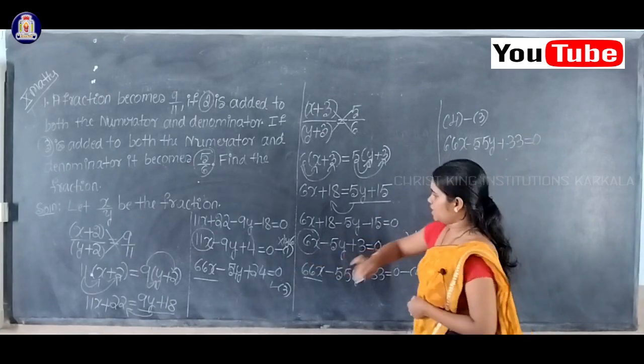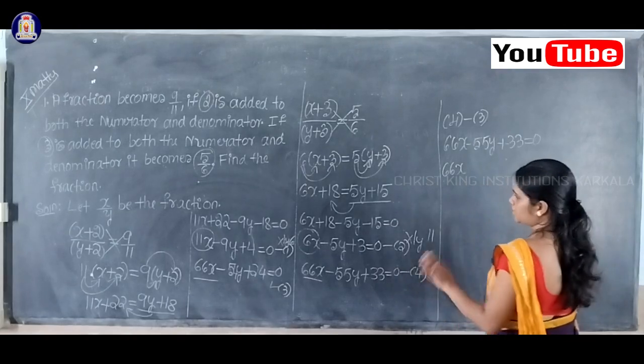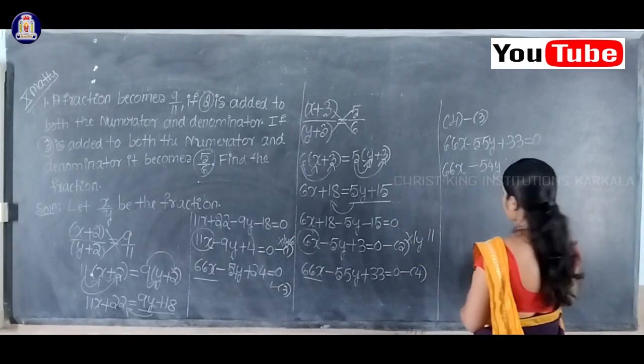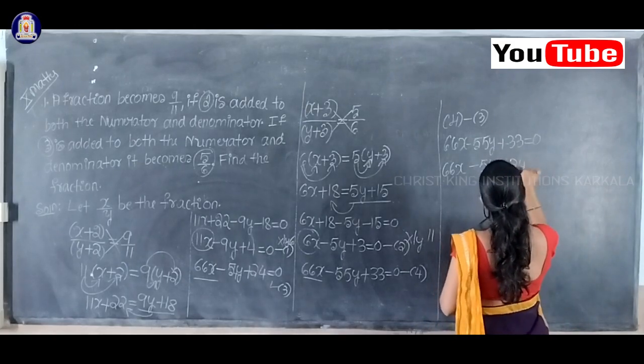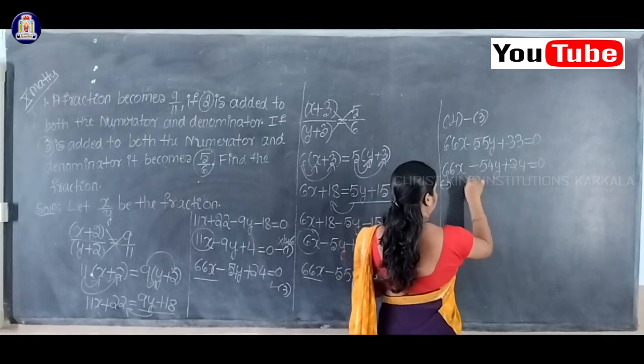Next, equation number 3, how much? 66x minus 54y plus 24 equal to 0. Now change the sign.